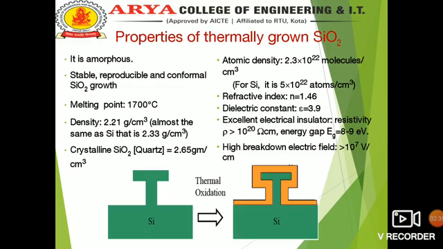Dielectric constant is 3.9. Excellent electrical insulator. Resistivity is greater than 10 to the power 20 ohm centimeter. Energy gap 8 to 9 electron volt. High breakdown electric field is greater than 10 to the power 7 volt per centimeter.